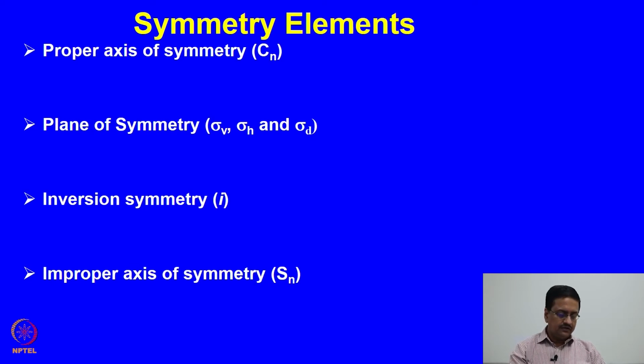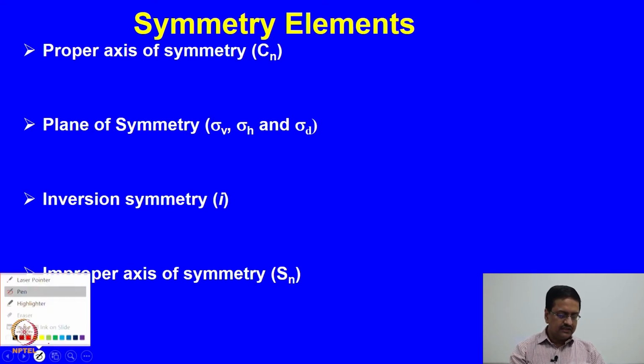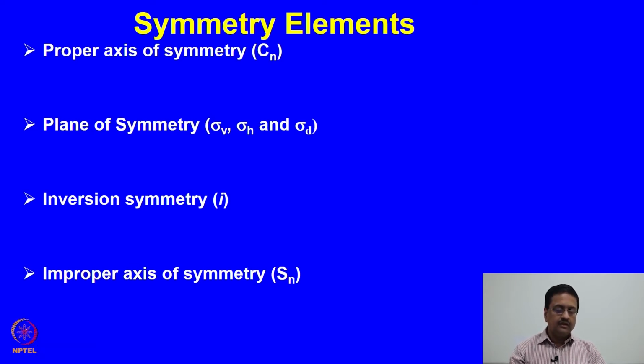For example, the first symmetry element that one should look for is the proper axis of symmetry, which is written as Cn. Here the value of n can be anything from 1, 2, 3, 4, 5, 6, etc., up to infinity.